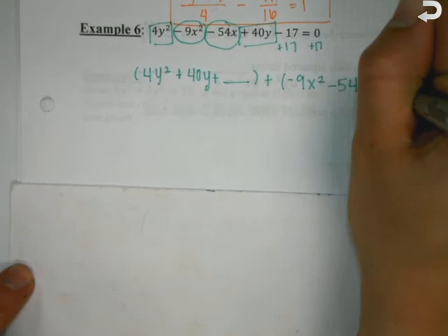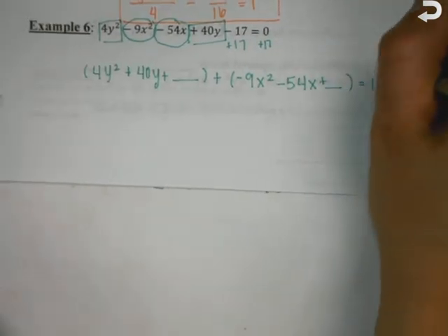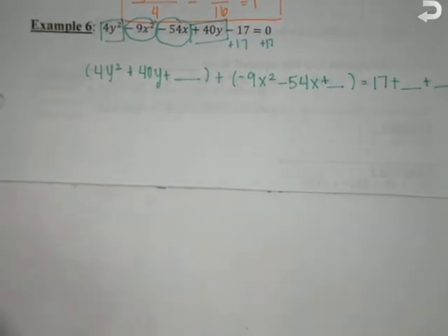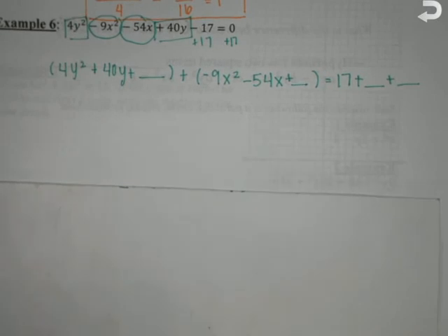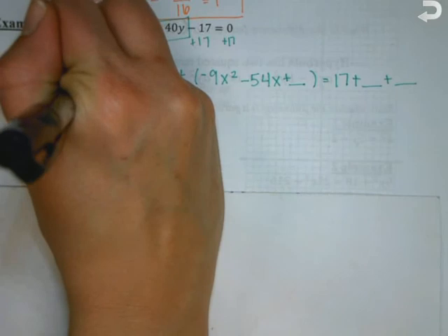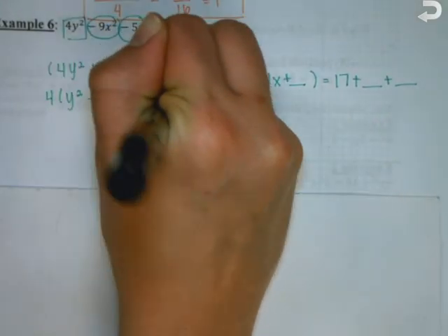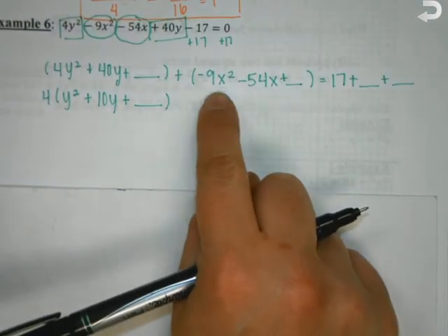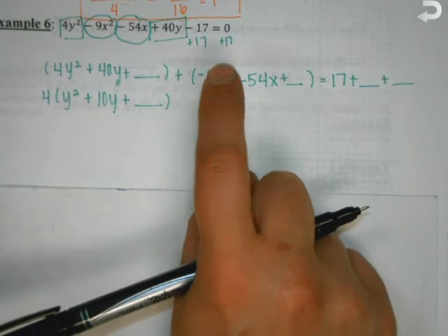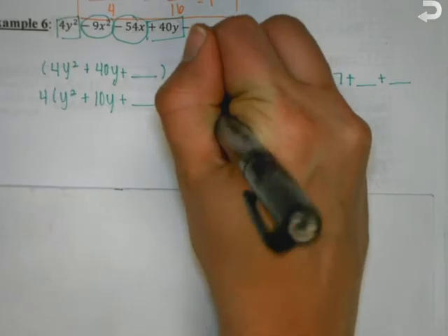So that's going to be y squared plus 10y plus blank. And then what do I want to take out here? This is where the negative comes in. So I'm going to take out the negative 9. And that's going to give me x squared plus 6x plus blank equals 17 plus 4 times blank minus 9 times blank, right?